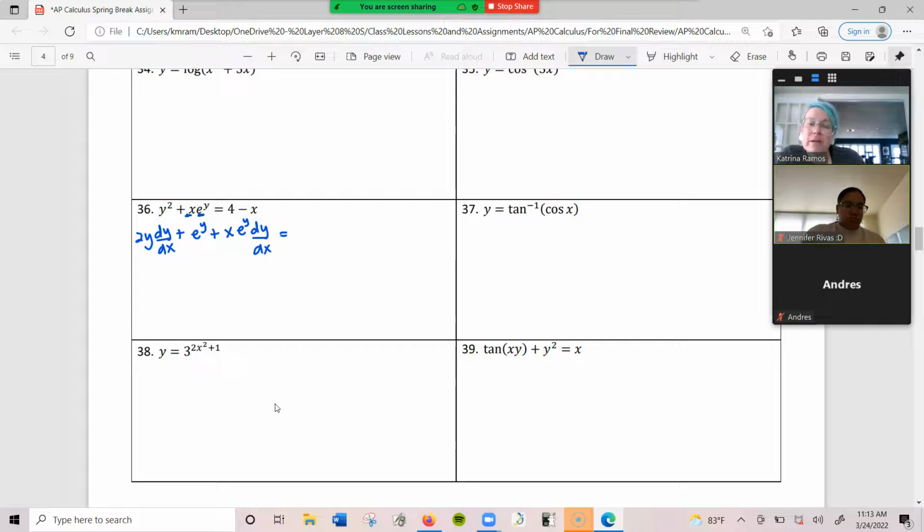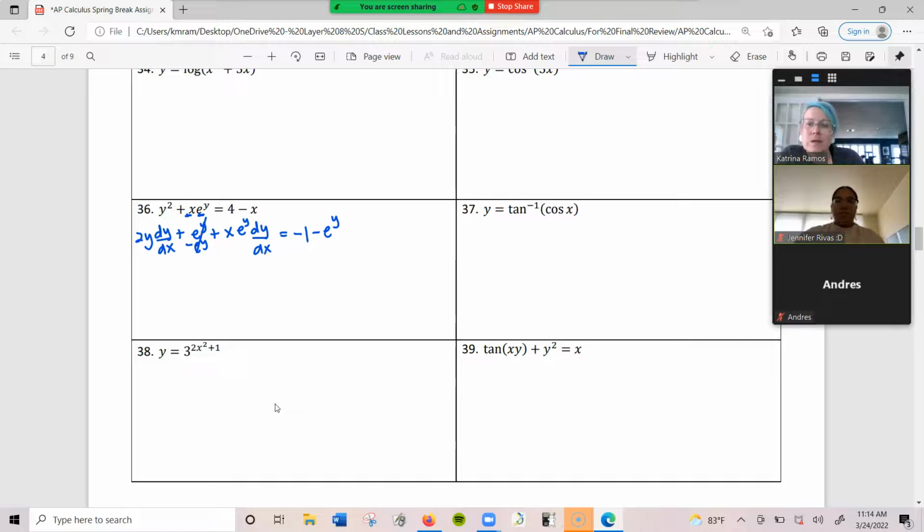So we want to keep all of the dy dx's on one side, but we're going to move everything else over to the right. So I'm going to subtract this e to the y over to the other side. So we got here, this is all that's left, which has the dy dx.